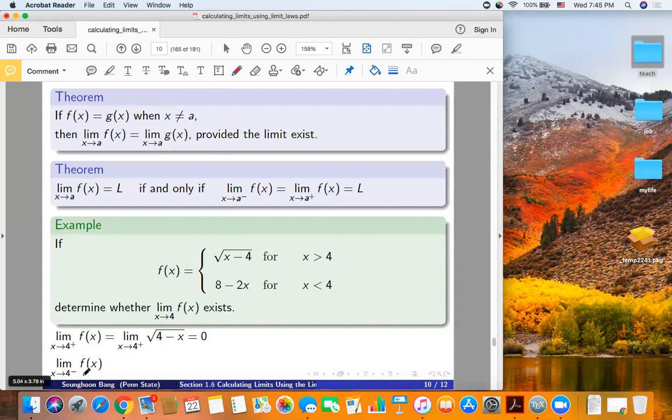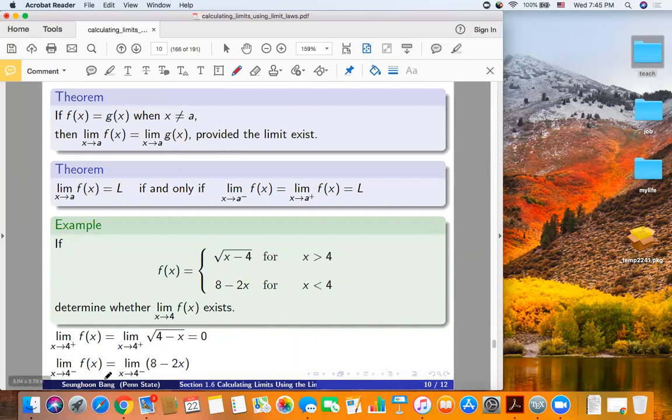Second one, the left-hand limit. x approaches 4 from the left. So what does it mean here? You can choose x values on the left-hand side. What's that? x is less than 4. You plug 8 minus 2x into here.